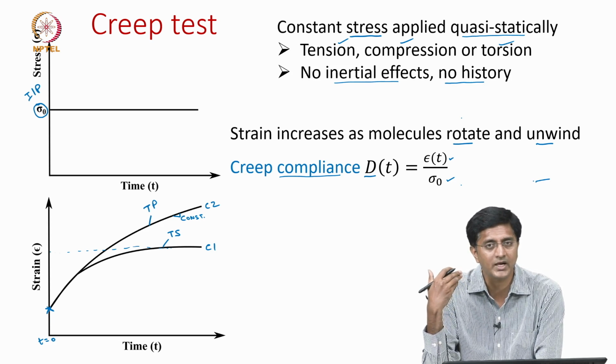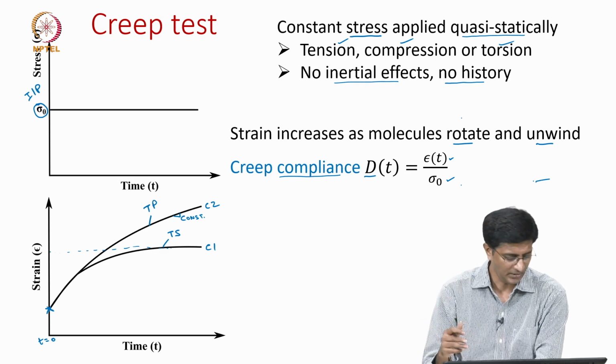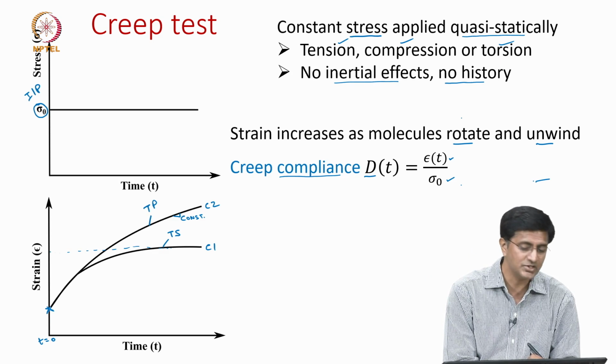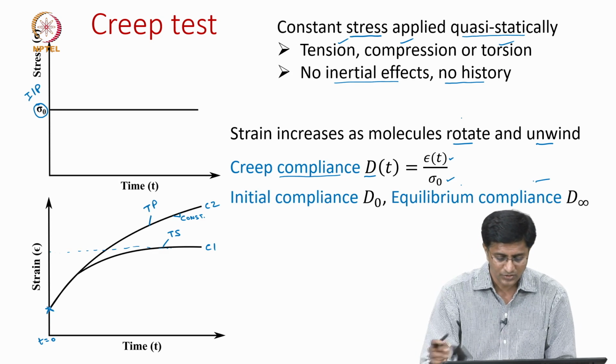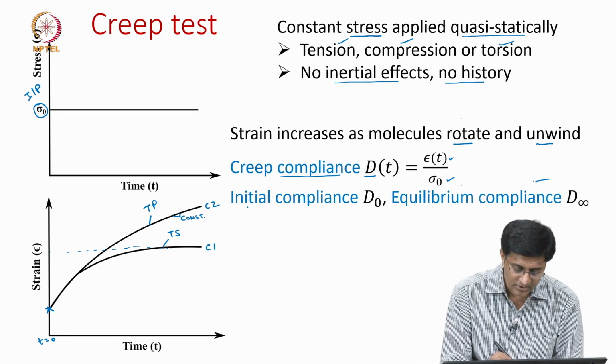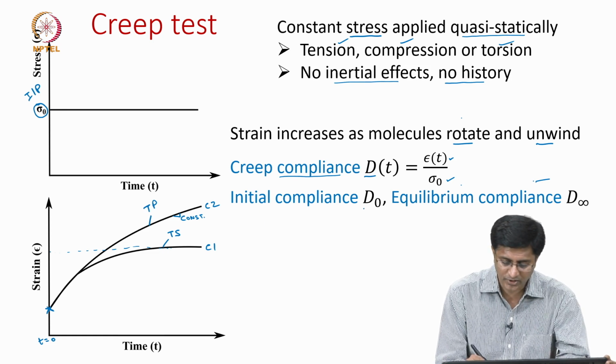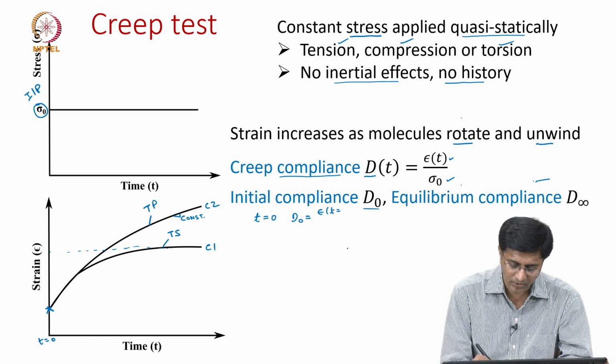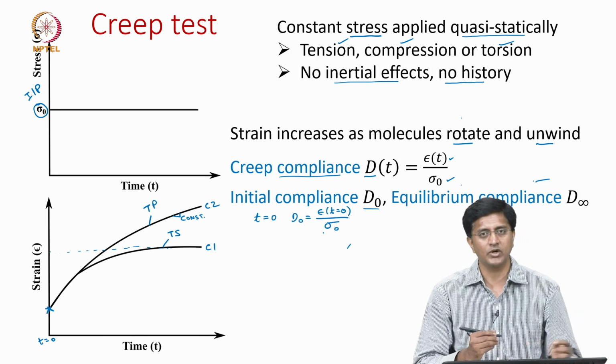What happens at time t equal to 0? At time t equal to 0, we said there is an instantaneous or initial strain. So we get this initial compliance, represented by D naught. D naught is our strain at time t equal to 0 divided by the input stress sigma naught.